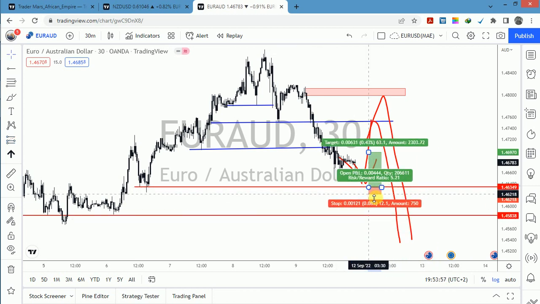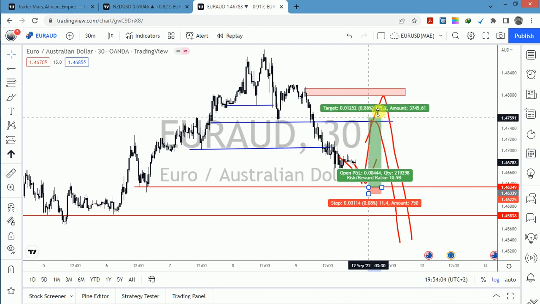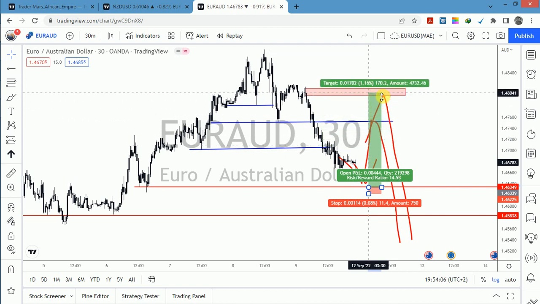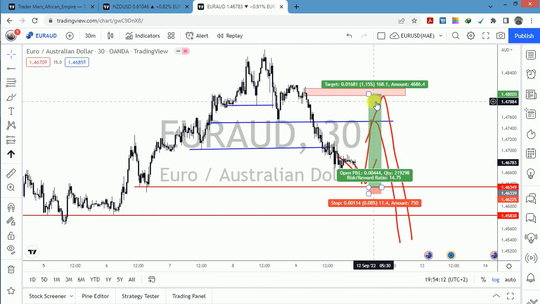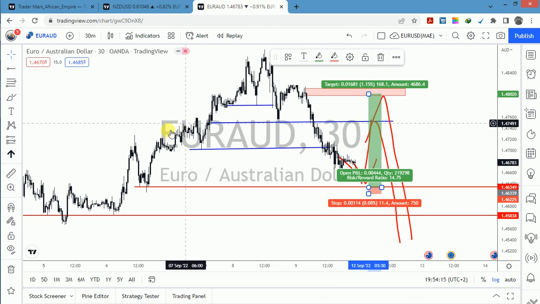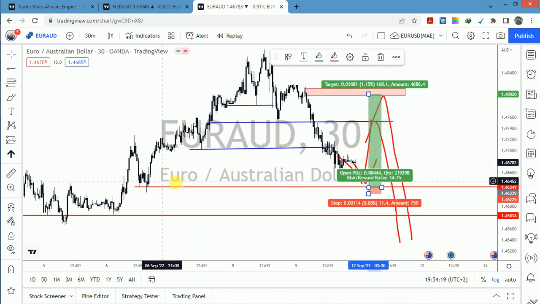Our stop loss will just be below that low, and then our take profit will be, I think we should just get our take profit there. So there's around 160 pips. That's a lot. We can risk that.